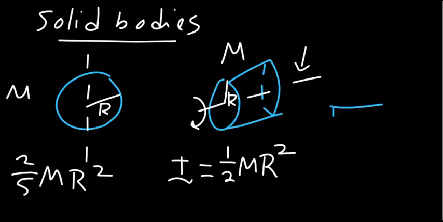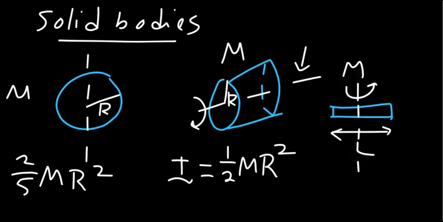What about a uniform rod with mass m and length L? Let's assume you want to rotate this rod about an axis passing through the middle of that rod. For such a uniform rod, the moment of inertia about that axis is 1 over 12 times mass times the square of the length.